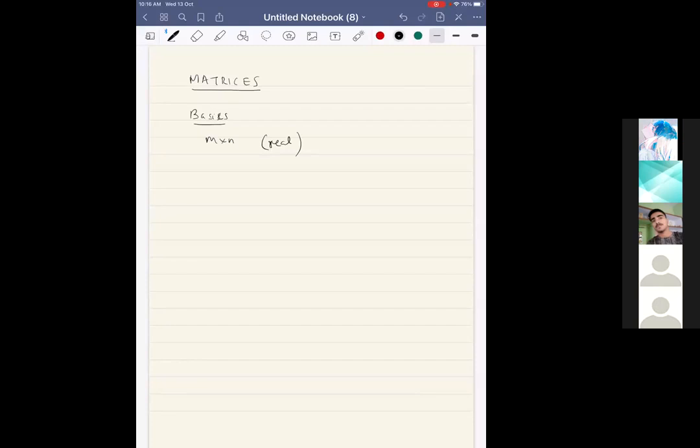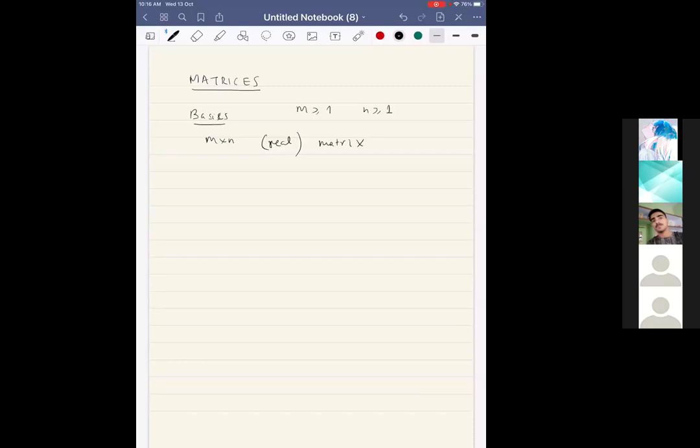So here m and n are integers, m is greater than or equal to 1, n is greater than or equal to 1. So fix 2 integers, and then you can consider matrices of size m cross n.